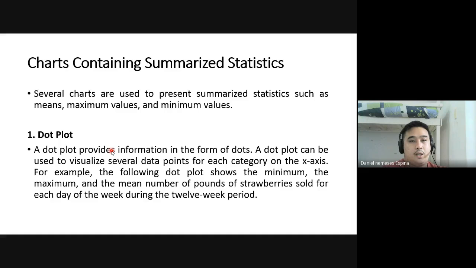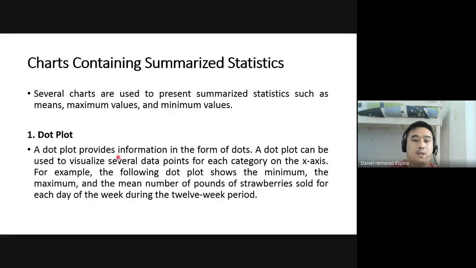So charts contain the summarized statistics. So we have discussed na what are the different statistics. So it could be the means, the maximum values, and minimum values. So the first chart that can be used is called the dot plot. So the dot plot provides information in the form of dots.